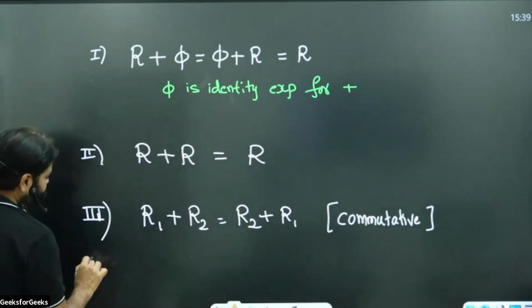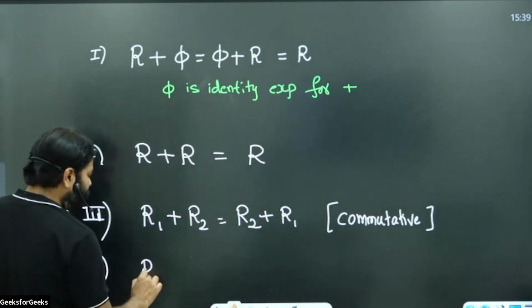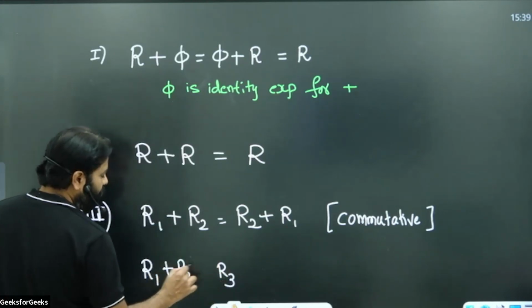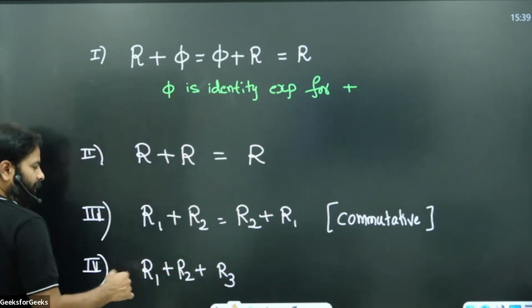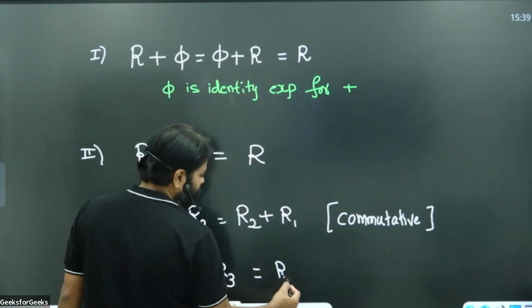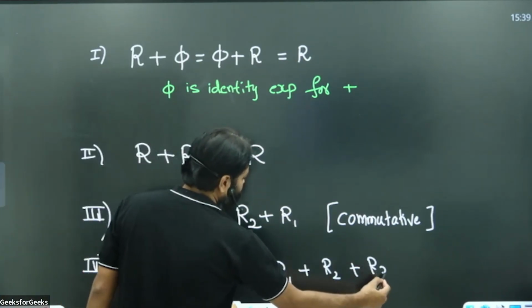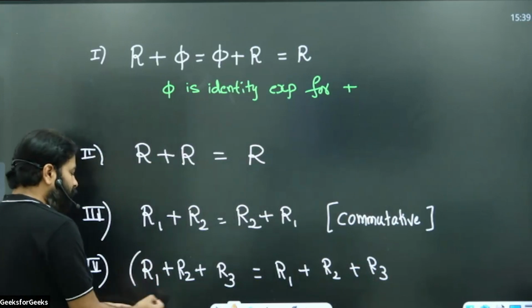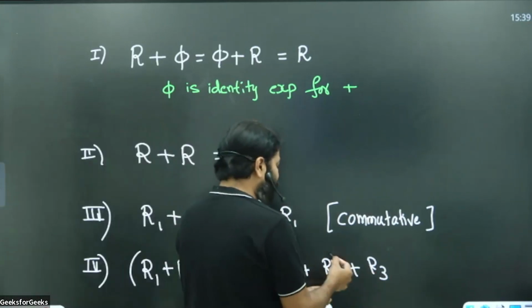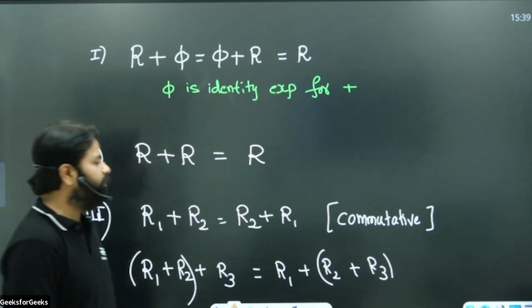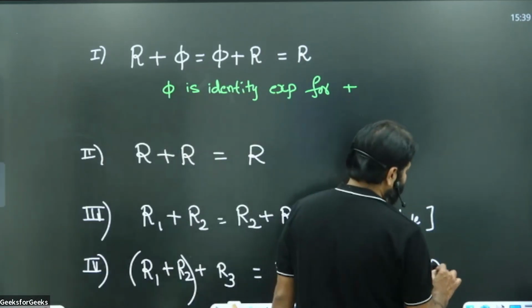Fourth one, even associativity is there. Like 3 expressions and 2 operators, which operator will you evaluate first? It doesn't matter, because whichever you evaluate first, you will get the same answer. This property is called associativity.